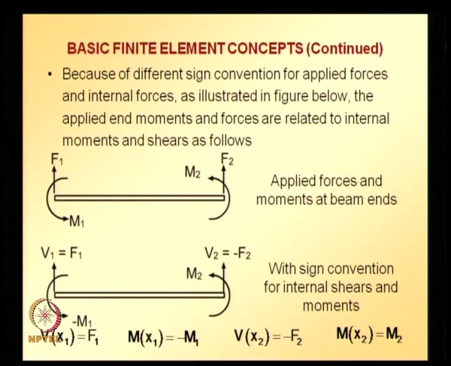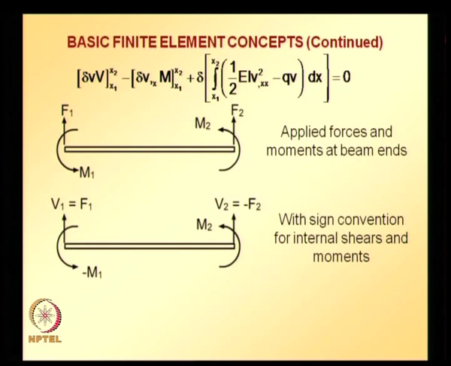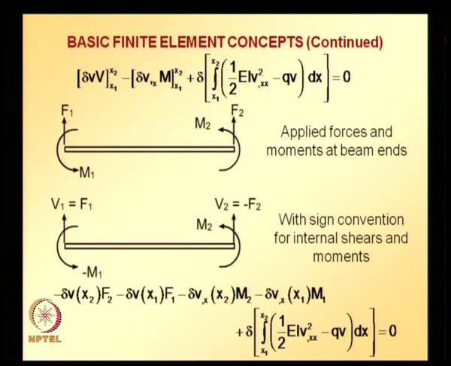These are the quantities that we need to substitute into the equivalent functional that we have earlier and simplify it further to get the corresponding potential energy functional when natural boundary conditions are specified. Substituting the values of V at x1 and x2, and the values of M at x1 and x2, we get this relation. Please note that f1, f2, m1, m2 act like constants as far as the variational operator is concerned.